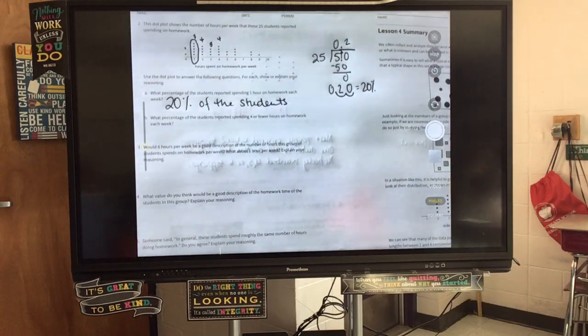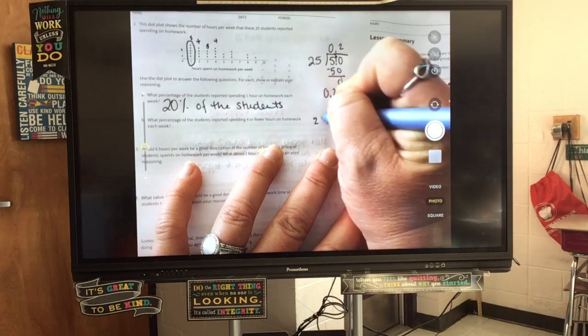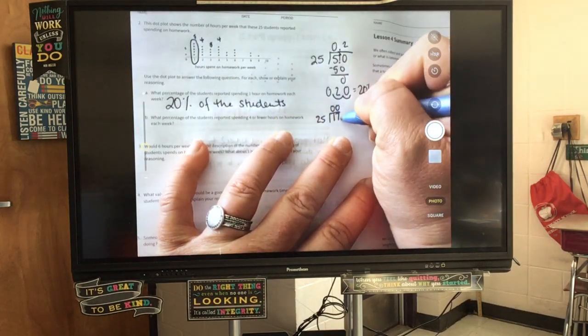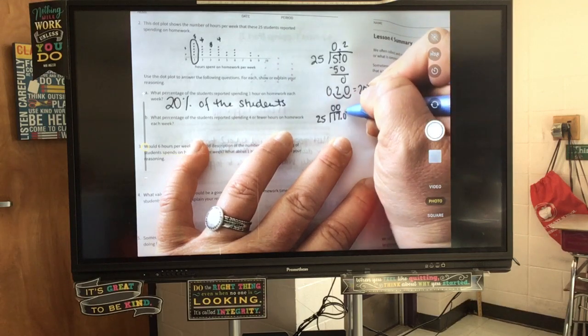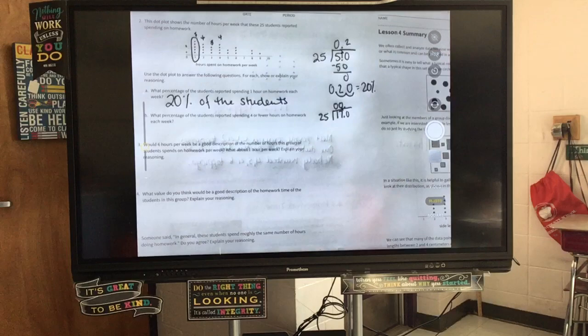Alright, so what's 4 plus 3 plus 4 plus 5 plus 1? 17. So, Kira, can I do the same thing I just did? Yes. Alright, so I'm gonna do 17 divided by 25. It doesn't go in, so I'm gonna put a decimal and add a 0. How many times does 25 go into 170?